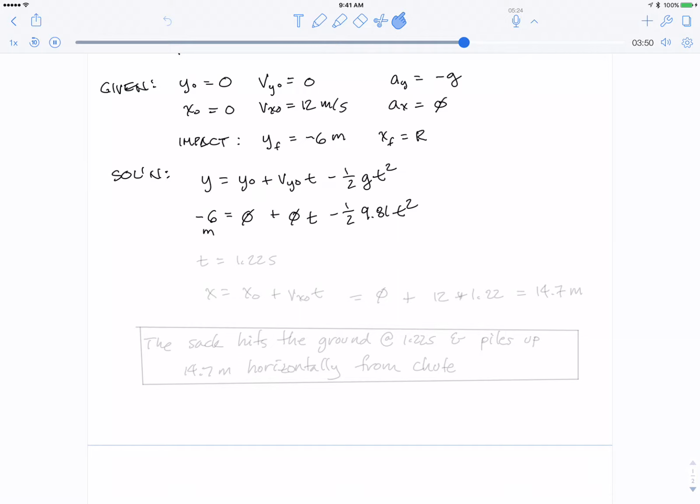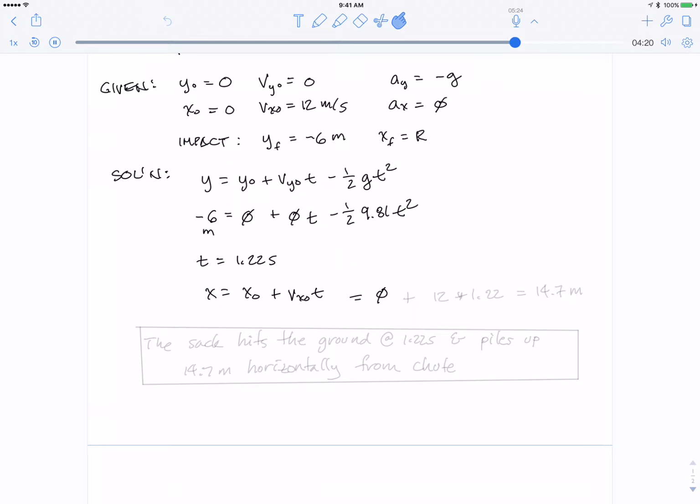Okay, so T equals, and I got the computer here where I can use Excel. Okay. So now that we know that, x is x0 plus vx0t, and there's no x acceleration, right?